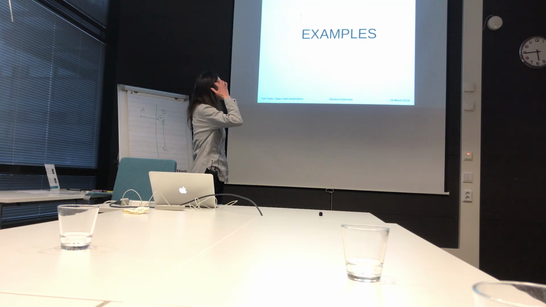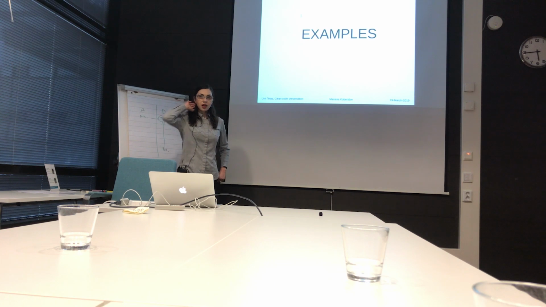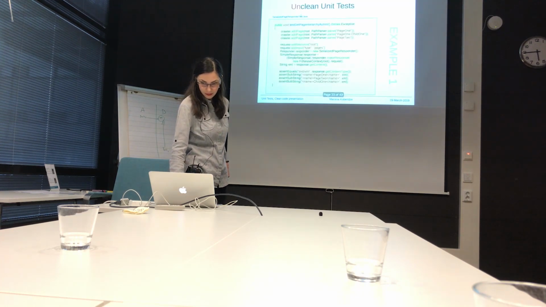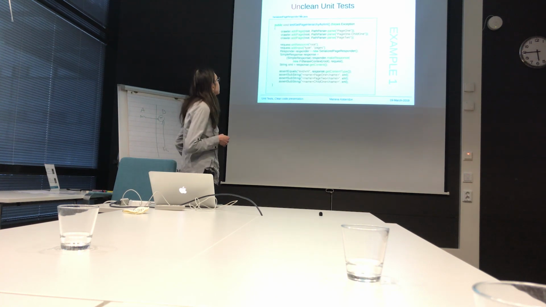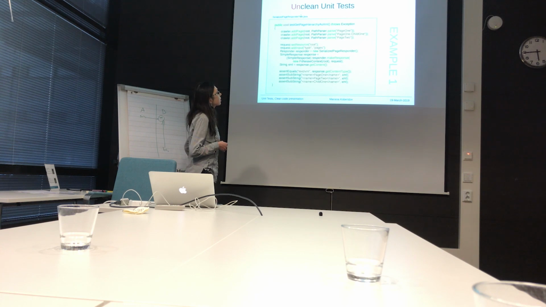Now let's go to the practical examples. Before seeing what clean unit tests look like, let's see what unclean unit tests look like. This is one of the examples from the Clean Code book.